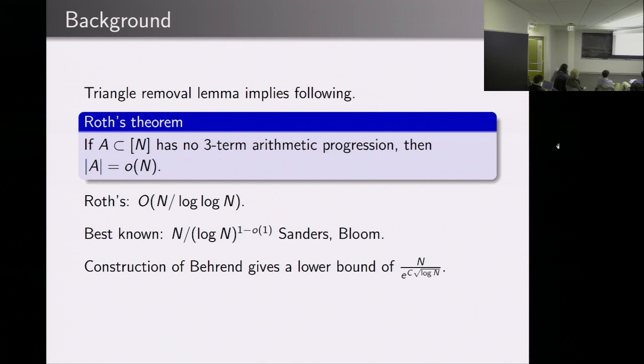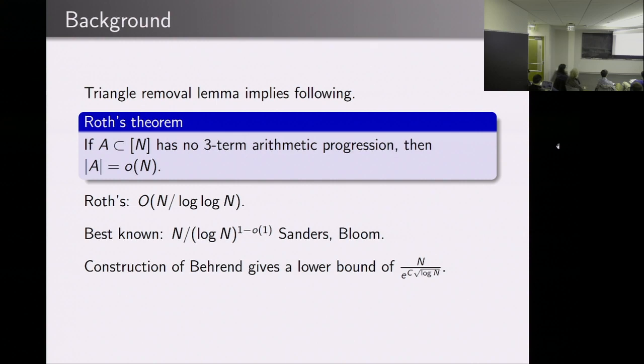On the other hand, the best lower bound construction for Roth's theorem is due to Behrend, which gives a lower bound of the form n over e to the c root log n. So we know it's little o of n, and this shows that it can't be n to any power smaller than 1. But besides that, there's still a very large gap in understanding the maximum size of this set.